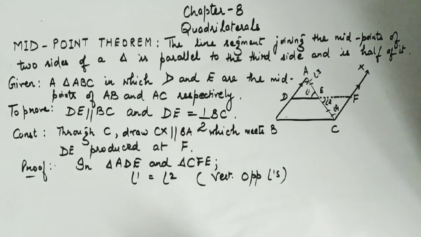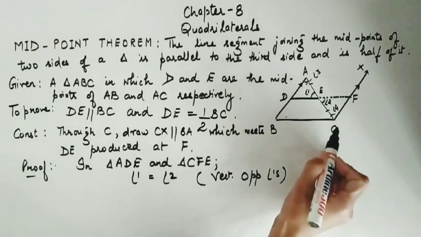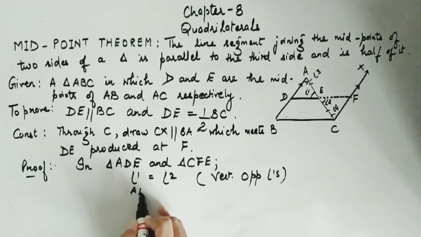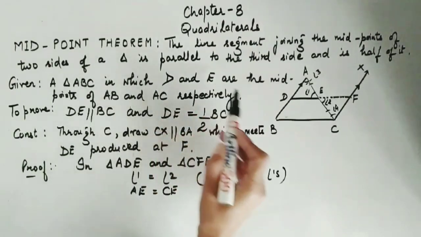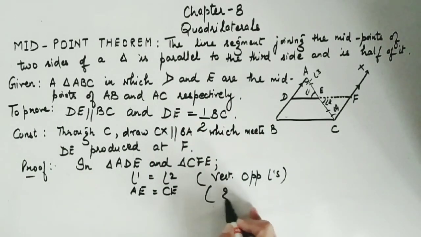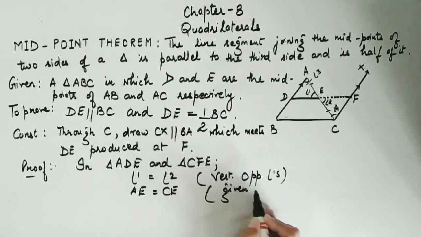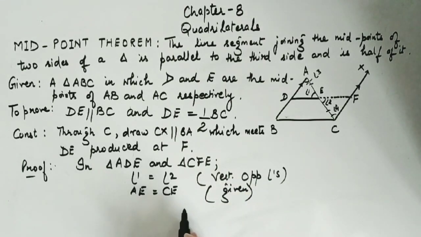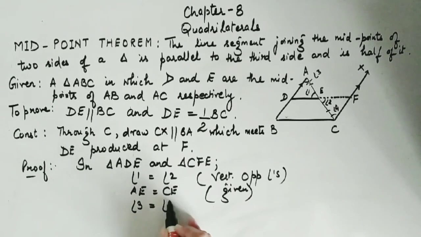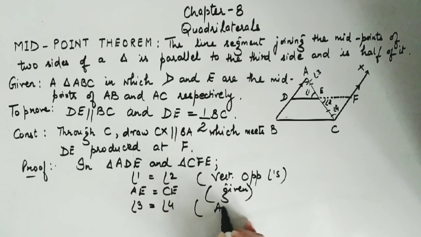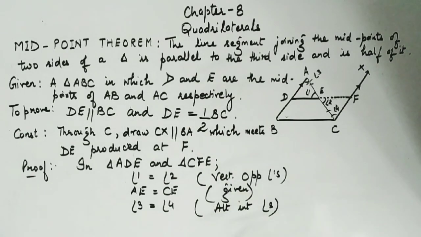Second, AE is equal to CE. This information is given because we know D and E are the midpoints, so we already knew this. And finally, angles 3 and 4 are equal, they are alternate interior angles.